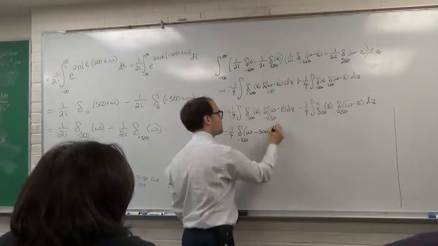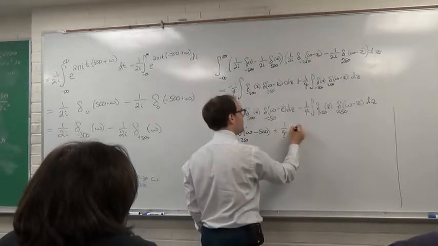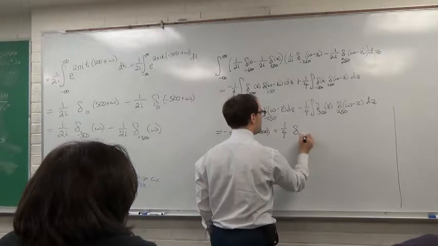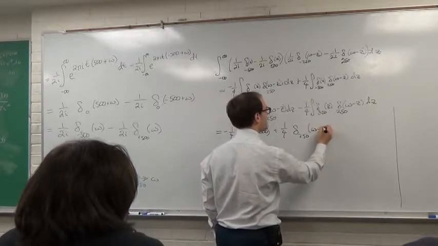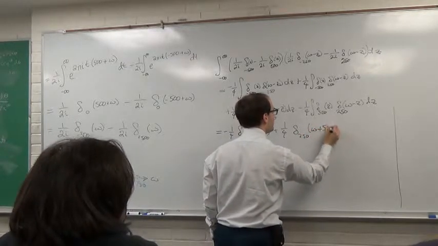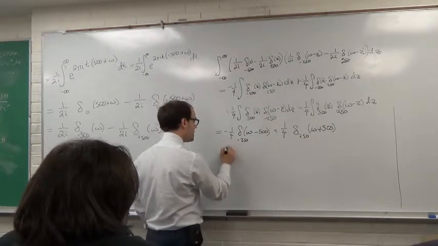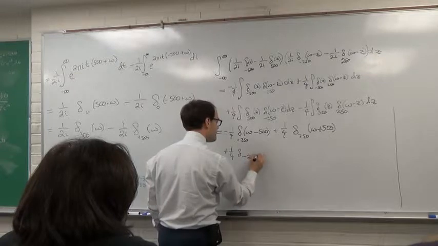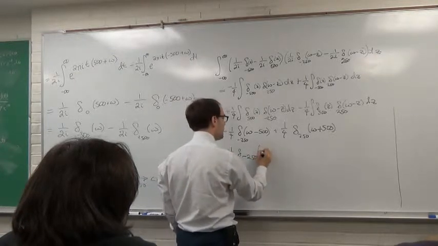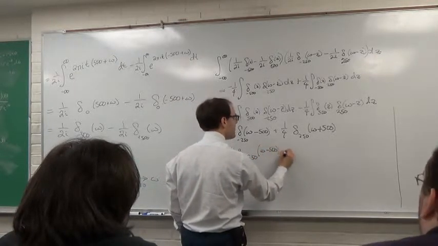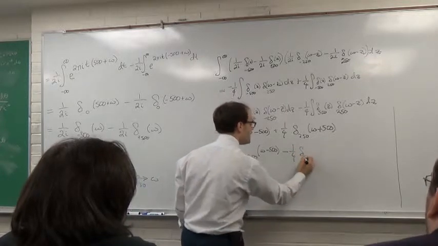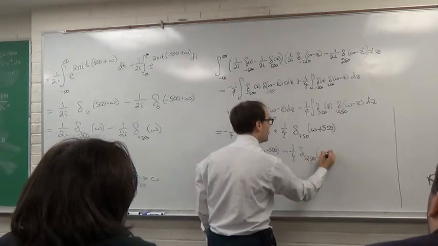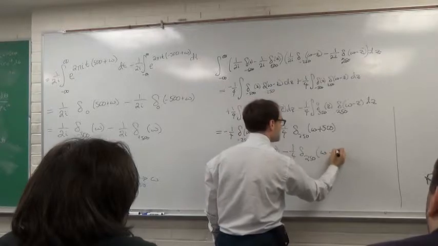That's this first one, plus 1/4 delta of 250 evaluated at omega minus negative 500. The next one is plus 1/4 delta of negative 250 evaluated at omega minus 500. And 250 at omega minus 500.